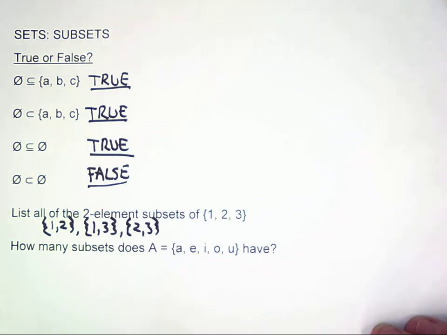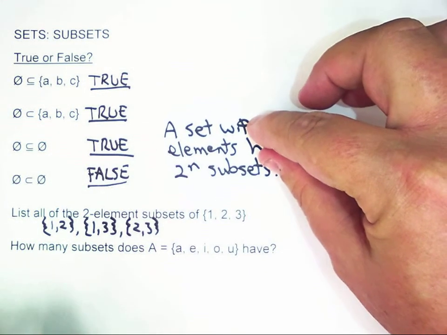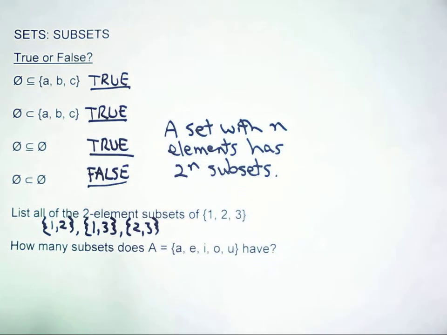And last, the sixth one says how many subsets does the set containing A, E, I, O, U have? Again, it requires pulling from your knowledge base this little fact. A set with n elements has 2 to the n subsets.